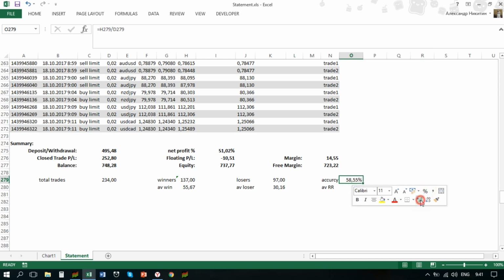So these are the statistics you need to know to understand if your strategy is actually generating money or losing money. So more than 50% of the time I am generating more than 1. Actually, I do generate money. 51% within 2 months, not that bad.